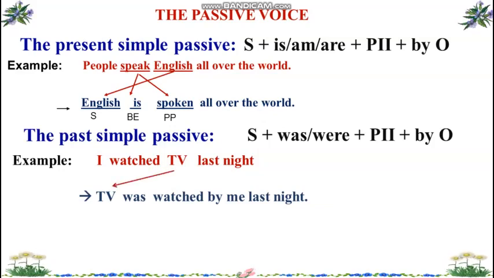So we move it into the subject. Watched. In the past form, we have was and watched by me last night. The new sentence is TV was watched by me last night.